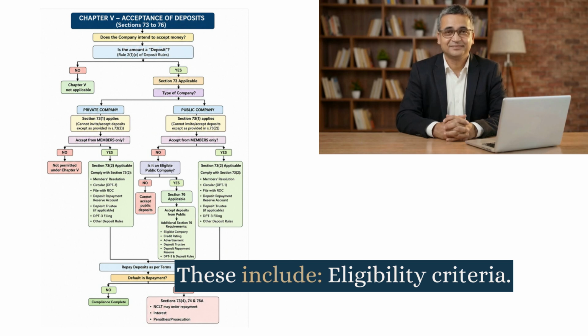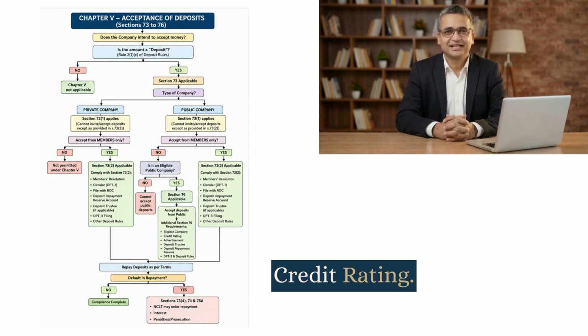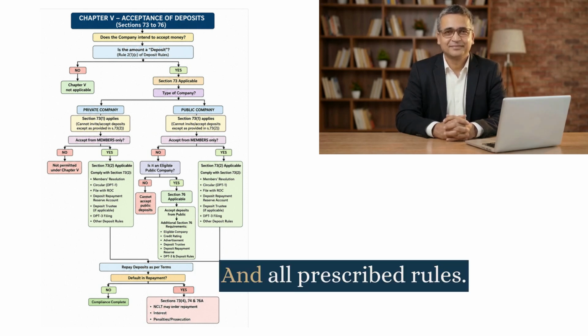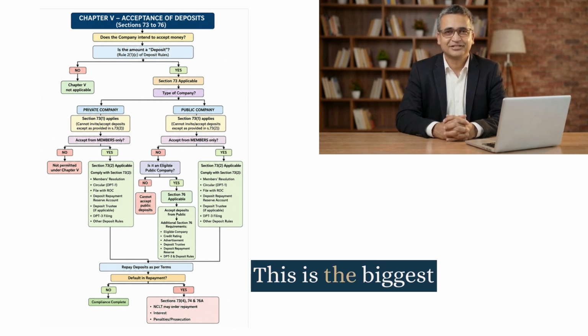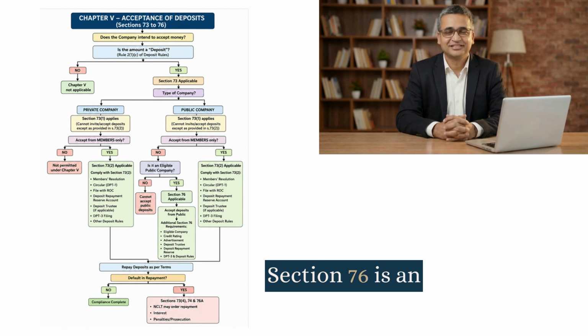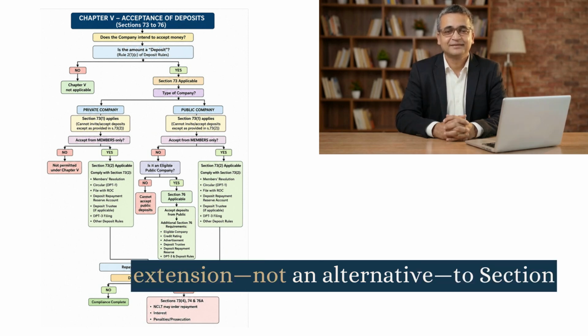These include eligibility criteria, credit rating, advertisement, deposit trustee, deposit repayment reserve, and all prescribed rules. This is the biggest conceptual mistake students make. Section 76 is an extension, not an alternative to Section 73.